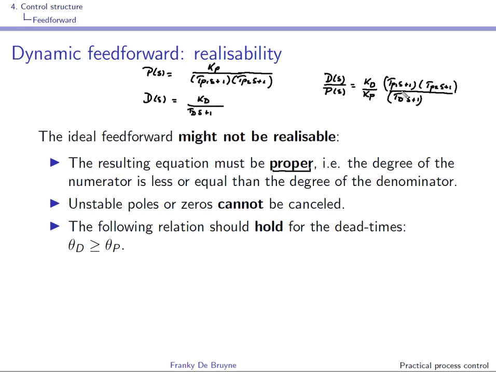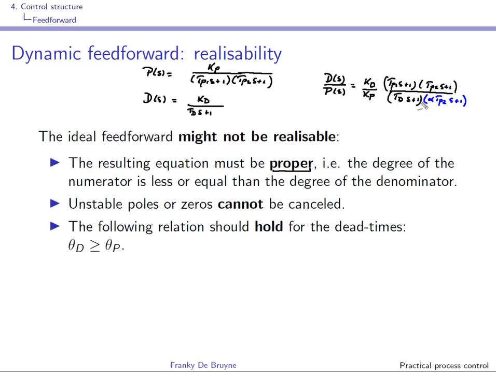is not realizable. So 2 things that you can do: you can forget about this lead here and just implement this lead lag, or you add a lag and you use, for instance, alpha Tp2S plus 1, and then you have 2 lead lag systems, right?